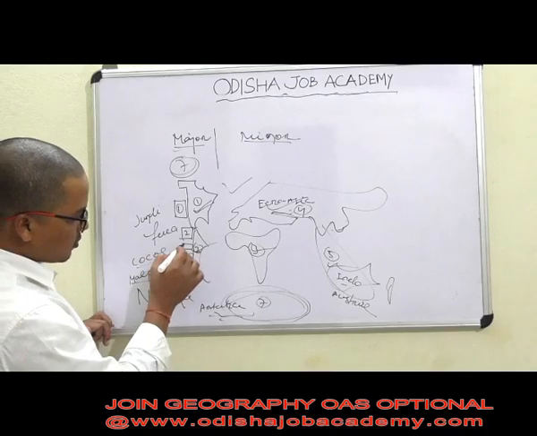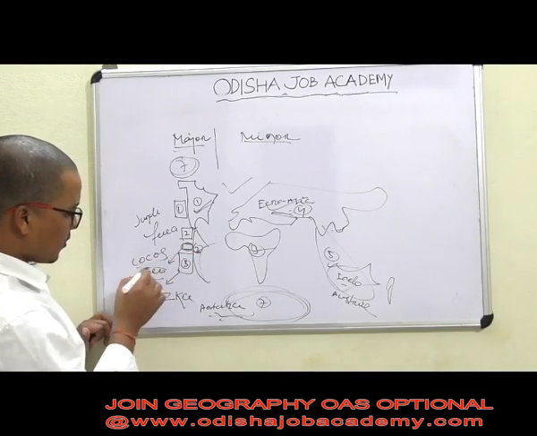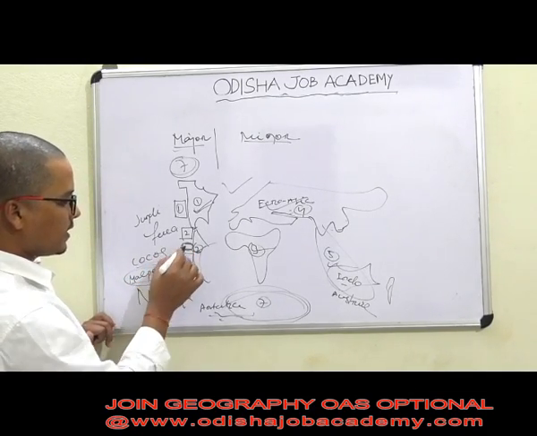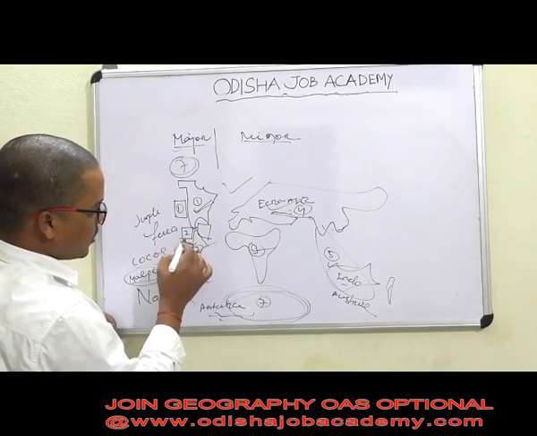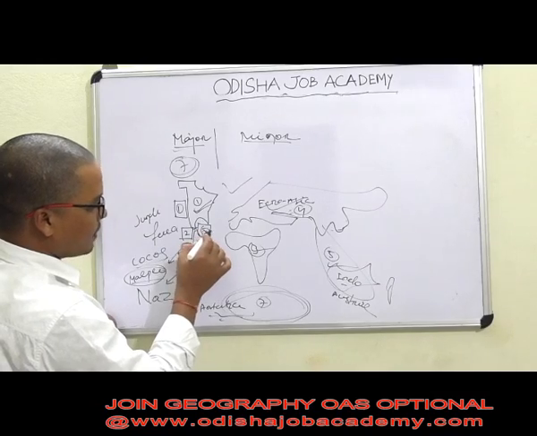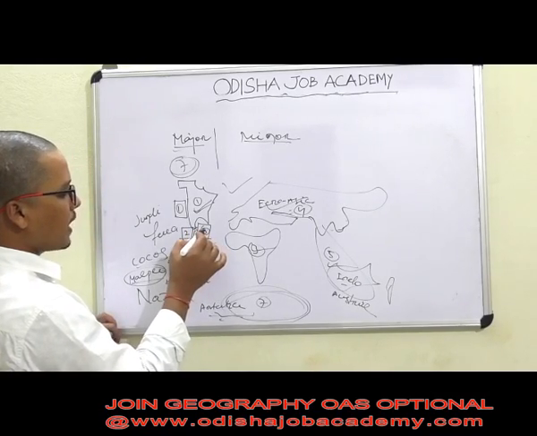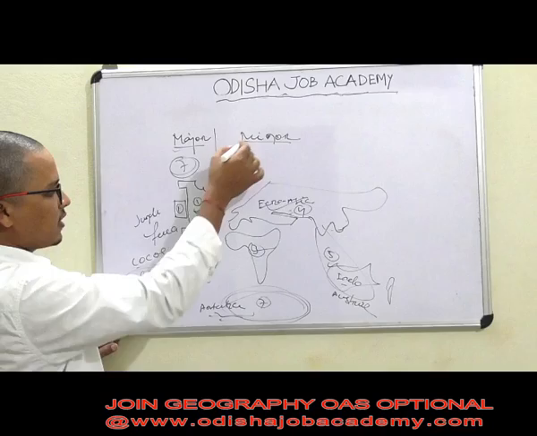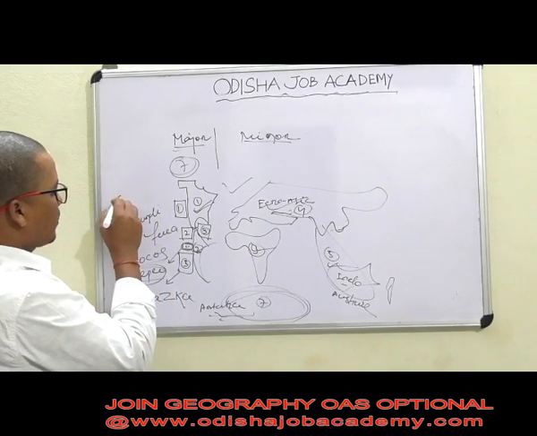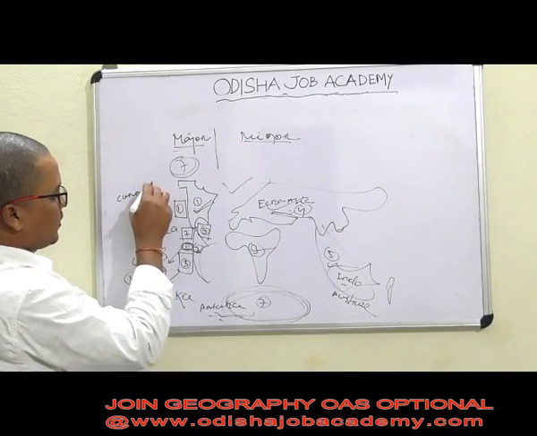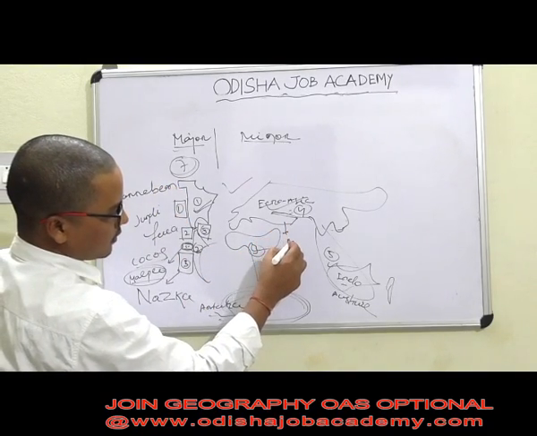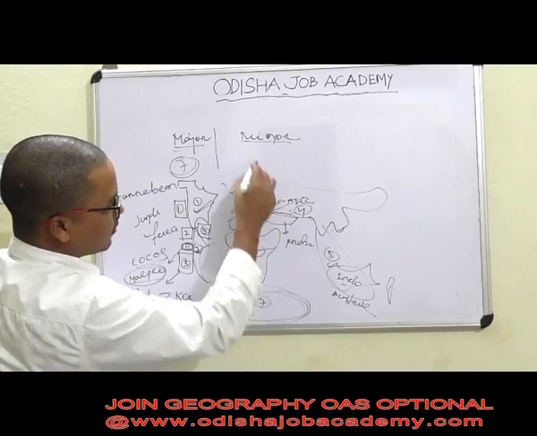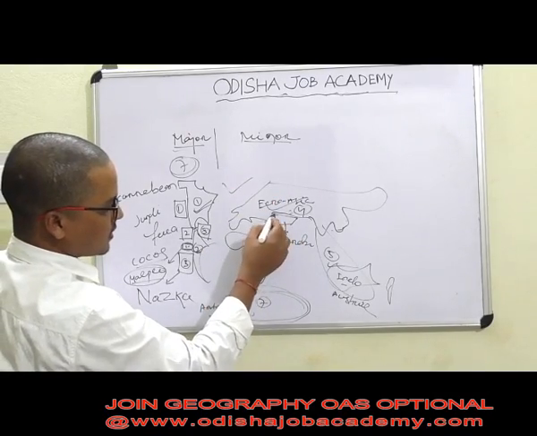Malpelo is a small plate, recently discovered. Then Caribbean, number 5. Here is the Caribbean microplate or minor plate. Then the Arabian minor plate, number 6.